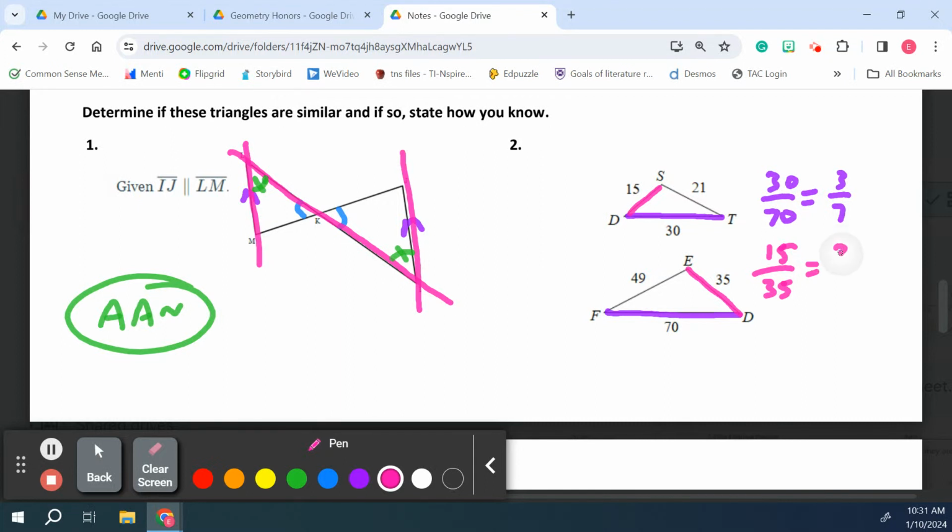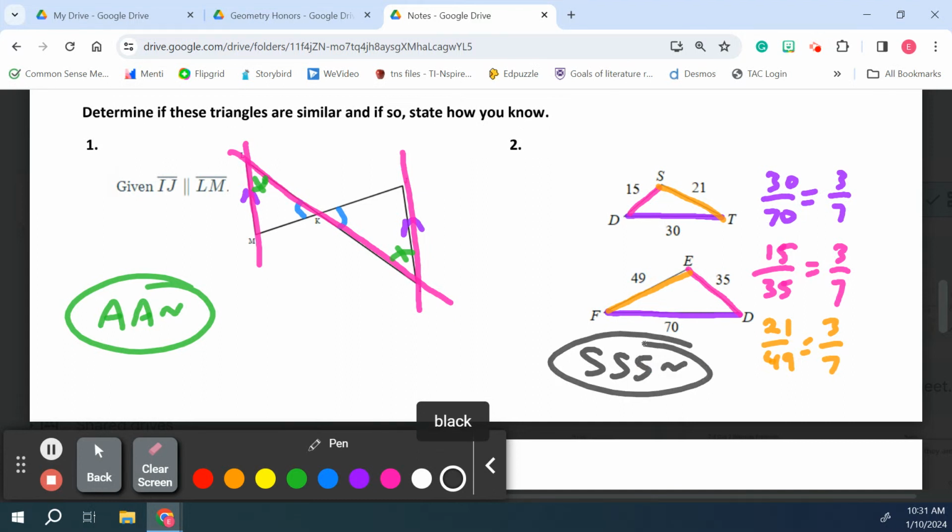That also reduces to 3 over 7, so we're looking good. And then I have 21 over 49. What does that one reduce to? Three over 7. So these are similar by side, side, side similarity.